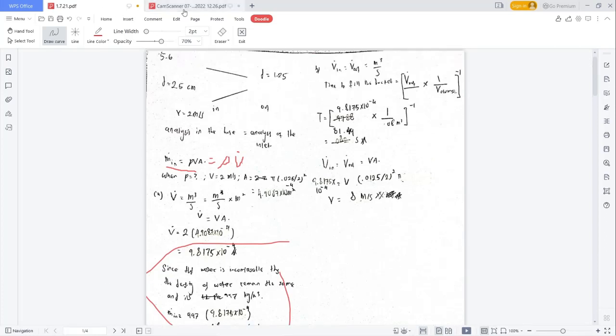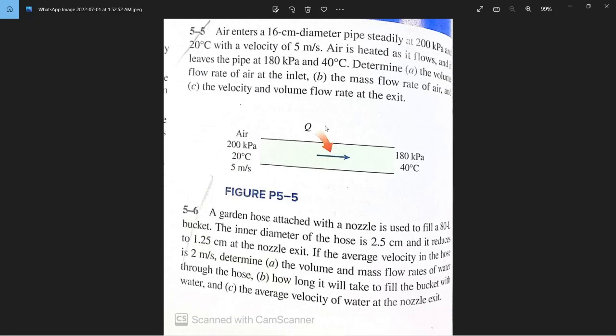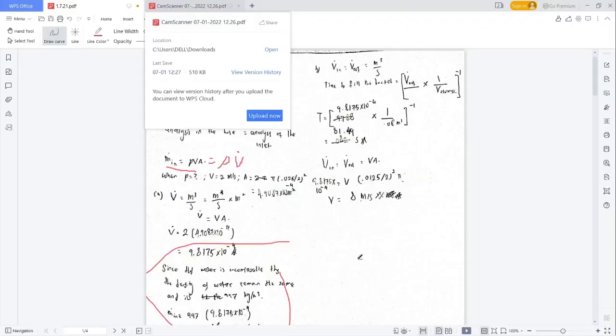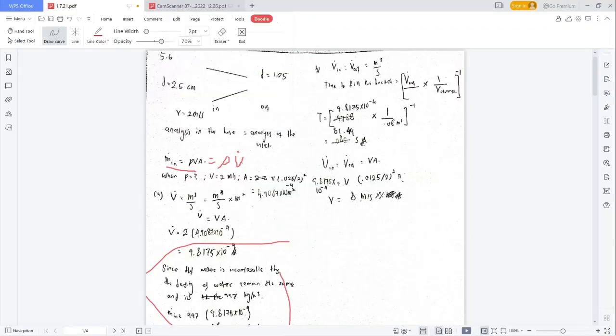Now moving on to question B. How long will it take to fill the bucket with water? This is simple math. We know the volume flow rate is in meters cubed per second.